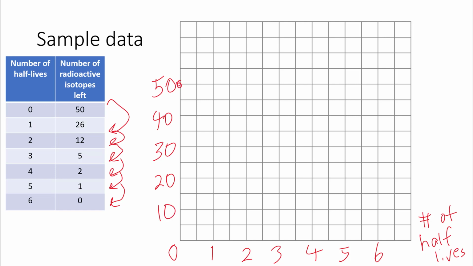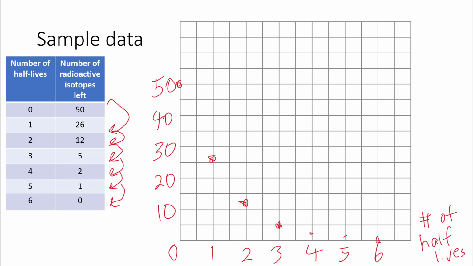So at 0 is 50, and at 1 is 26, which is about right there. 2 is 12. 3 is 5. 4 is 2. 5 is 1. And 6 is 0.